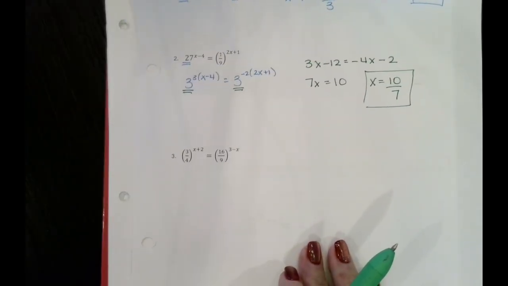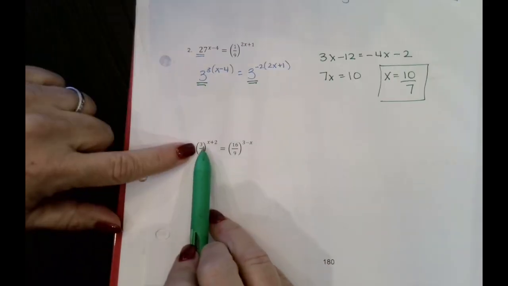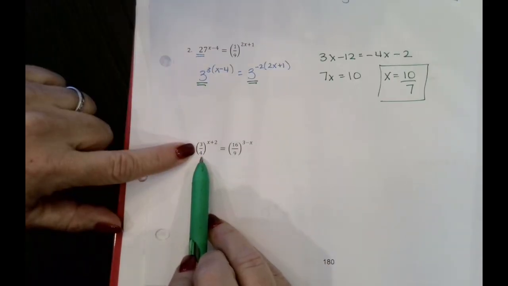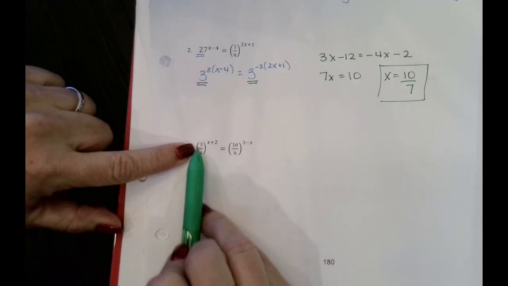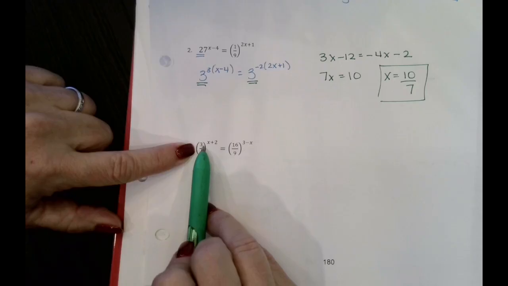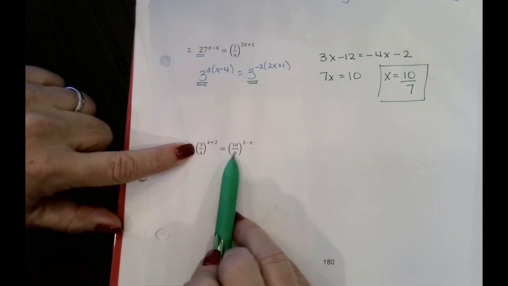Now, this next one looks hard, but here's what I have. So if I see 3 over 4, I have 16 over 9. So if I took this value and I squared the whole thing, I would have 9, and I square this, and I would have 16. So what I have right now is I have this that's flipped.